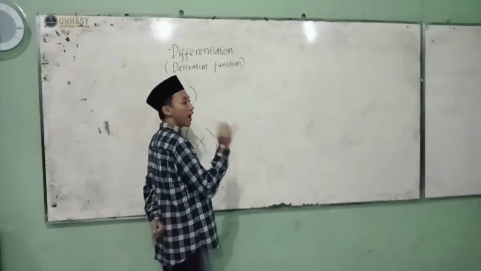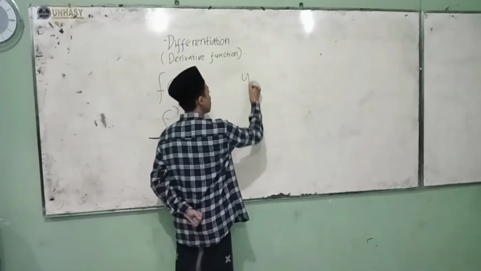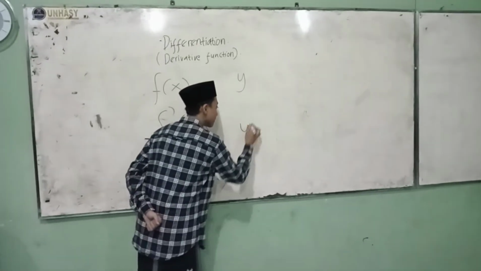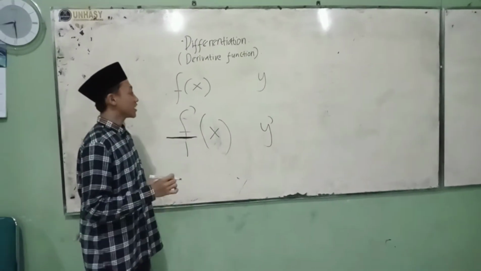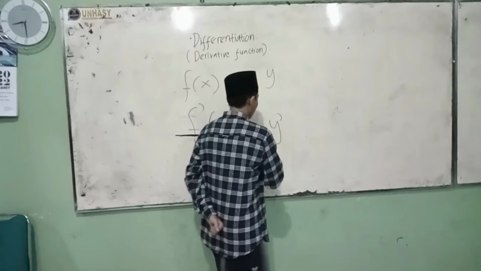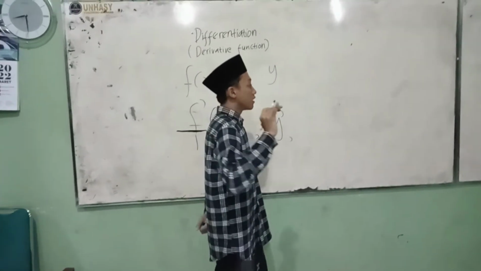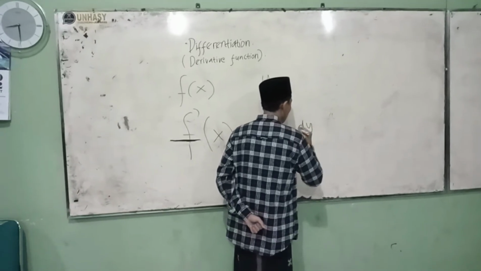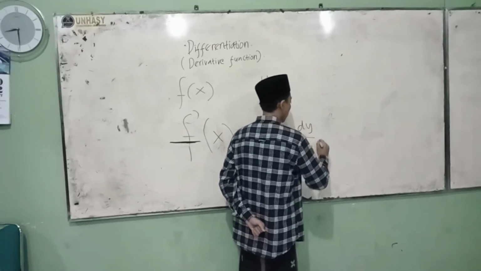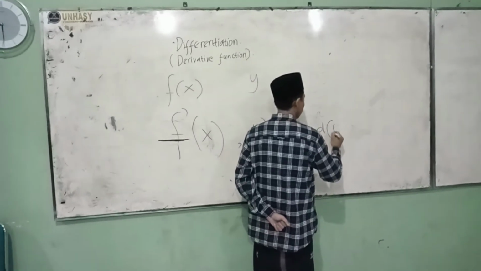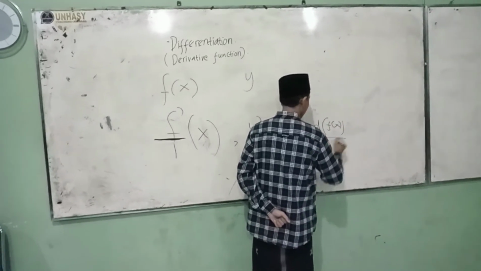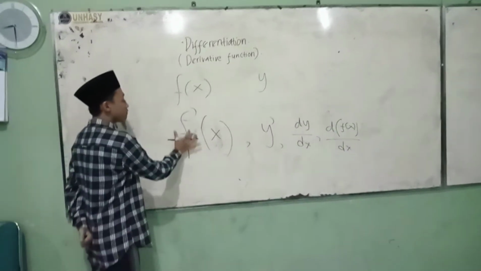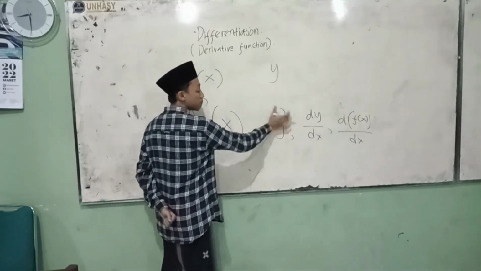Suppose we have the function defined as y, we have the derivative function y prime. Sometimes people also write the derivative function as dy over dx or d f of x over dx. But we always use f prime of x and y prime.